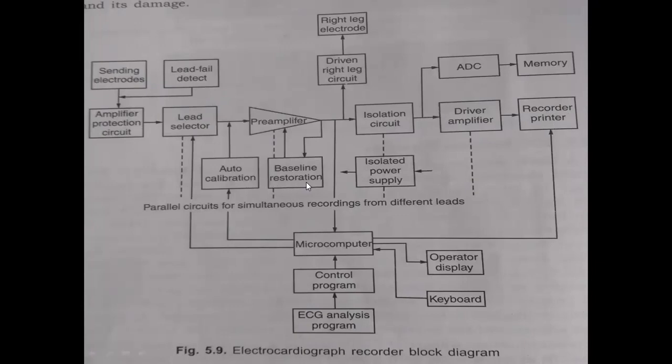Baseline restoration, auto calibration and isolated power supply can all be controlled using a microcomputer, with a control program and ECG analysis program. We can operate with the operator display and keyboard, with panel circuits for simultaneous recordings from different leads.